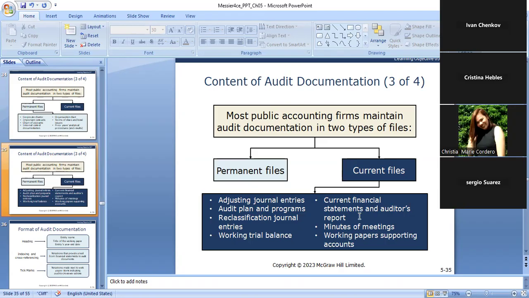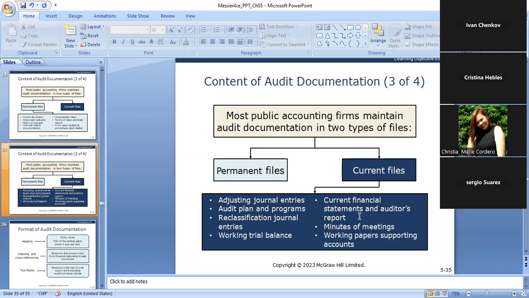Reclassification journal entries. Sometimes we have to make some changes based on what we found in the audit. So we're going to do those adjusting journal entries at the end of the period, or some journal entries that we have to do as auditors. They're always adjusting entries from the auditor.